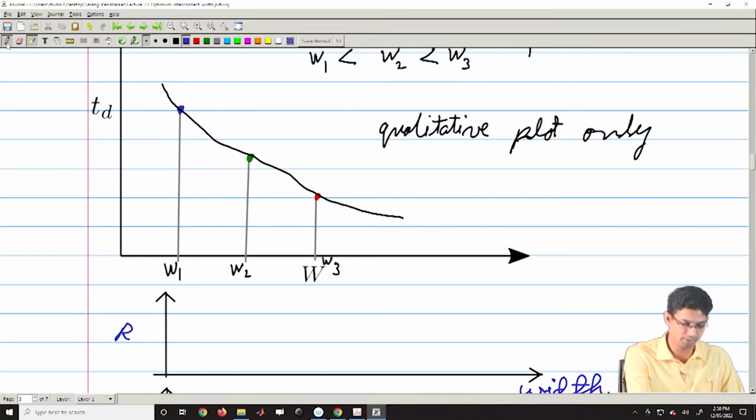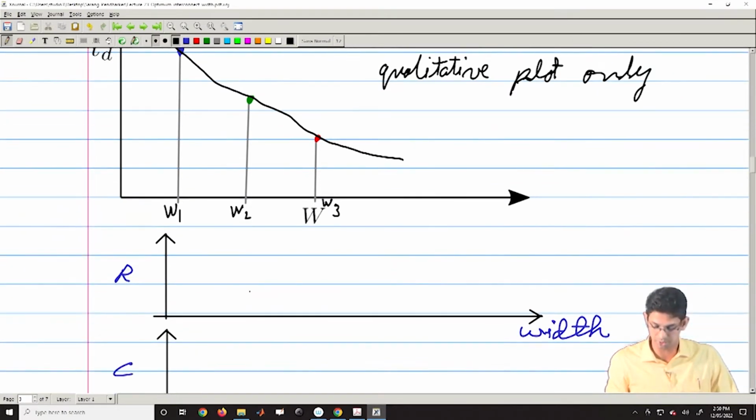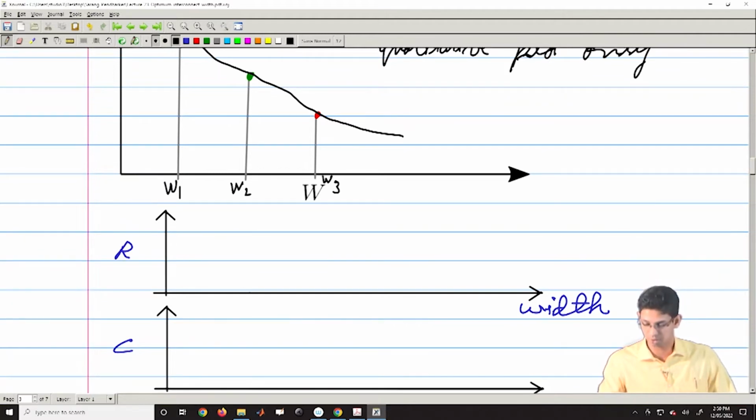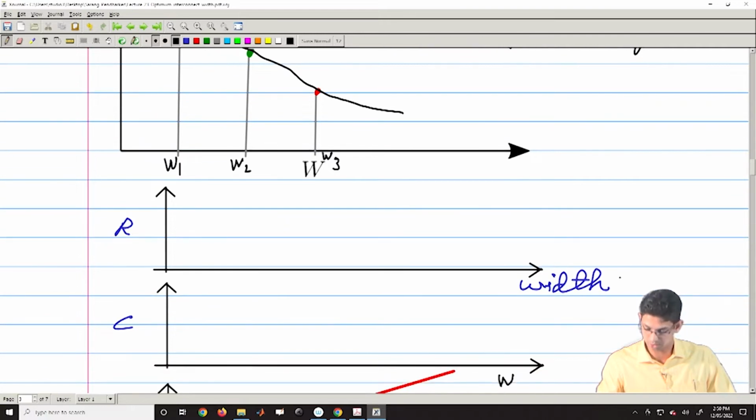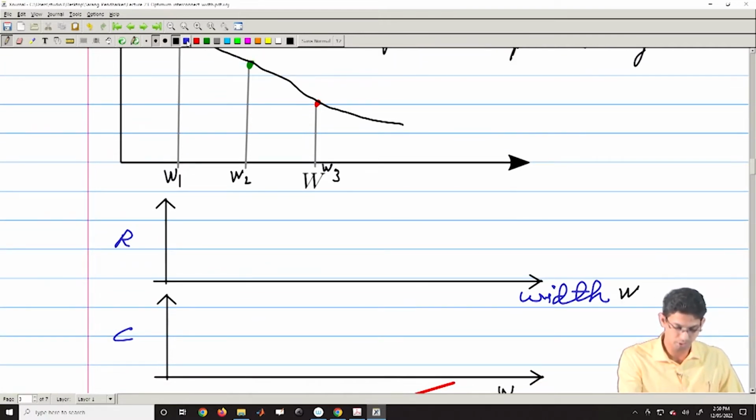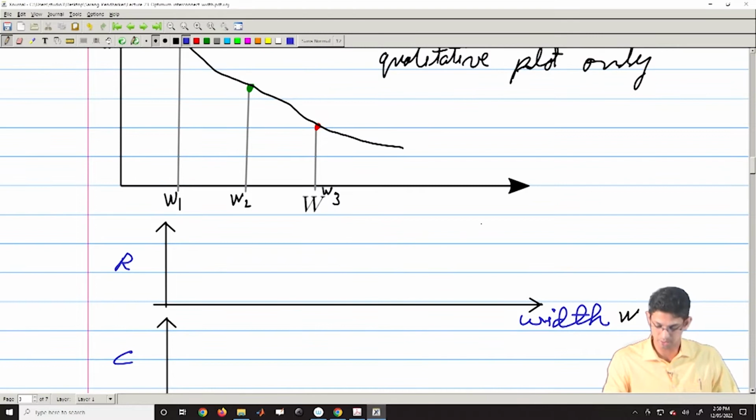Now, how would this translate to the power dissipation? So, let us look at that, right. Overall, what will be the effect? Let us summarize the effect of width on different parameters. So, my width is W. My resistance varies inversely with my width, right.